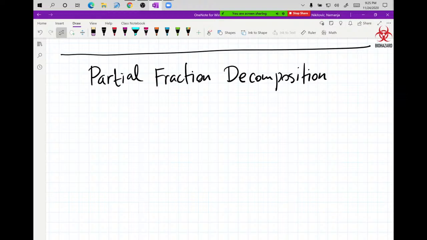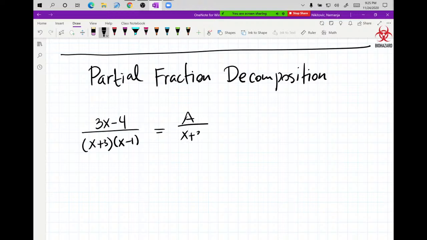So if you think about what we are doing here, we're going to take something like (3x minus 4) divided by (x plus 3)(x minus 1), and we're going to break that into two fractions that will have these factors as denominators. And our job is to figure out what A and B are on top.